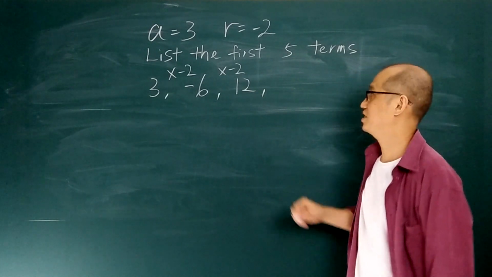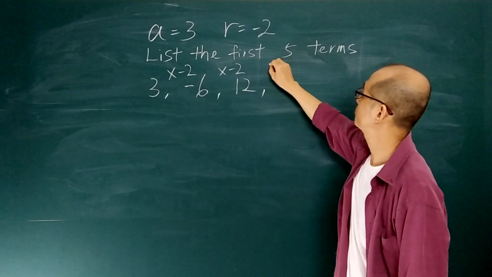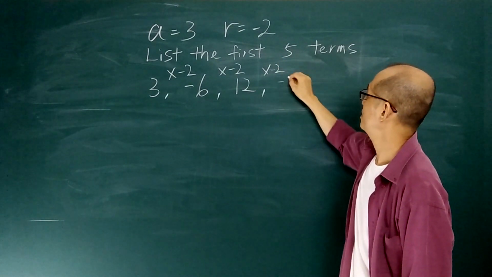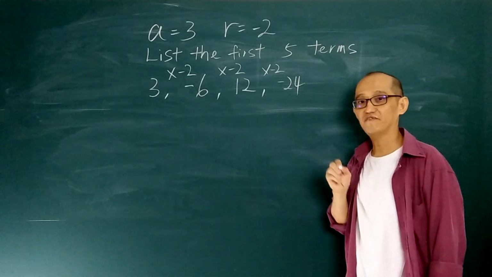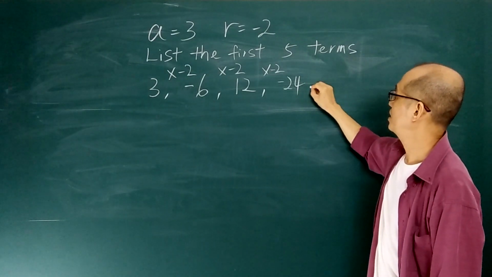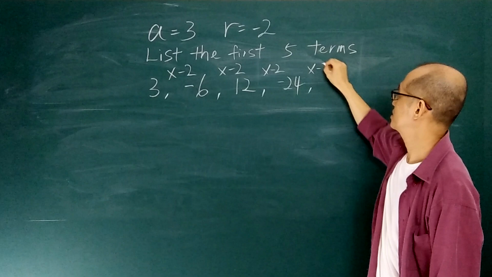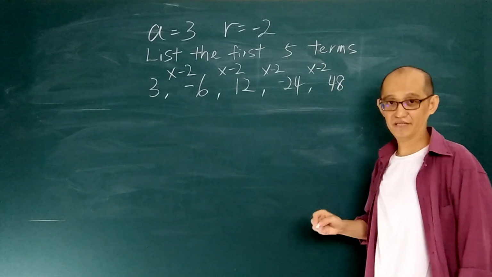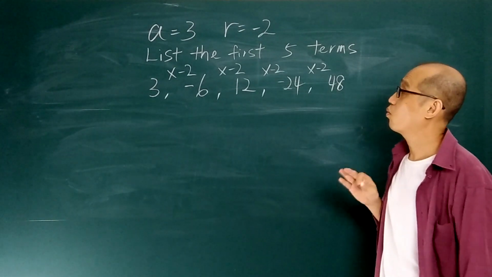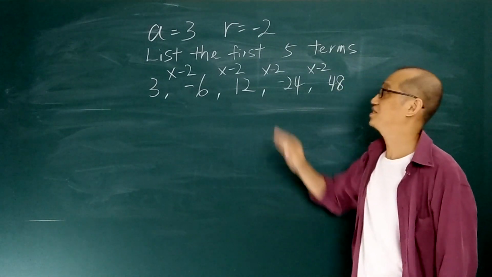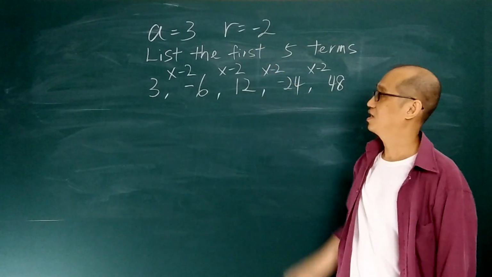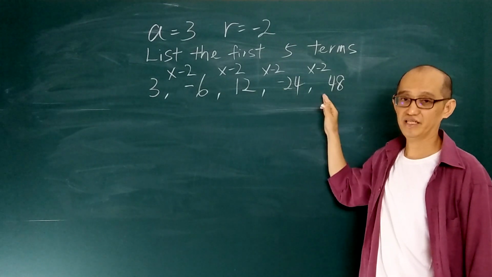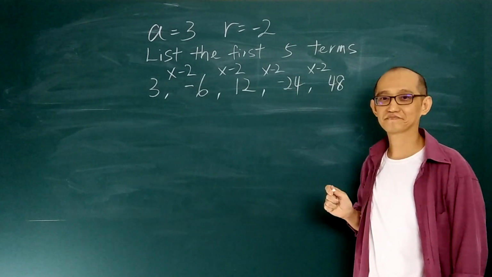The fourth term is going to be 12 times -2, which is -24. The fifth term is going to be -24 times -2, 48. Note that when the common ratio is negative, the positive sign and negative sign alternate in the progression.